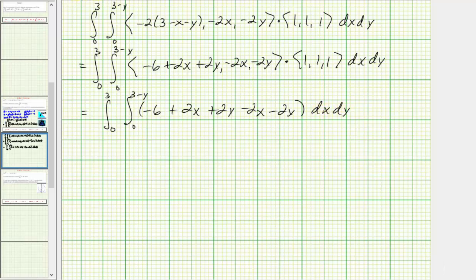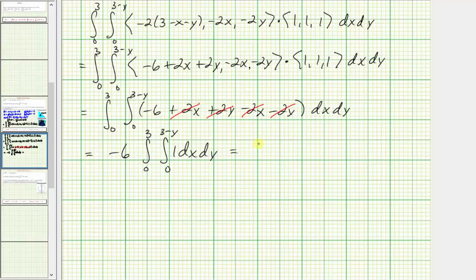And this simplifies nicely. 2x minus 2x is 0. 2y minus 2y is 0. So we can go ahead and factor out the negative 6. We have negative 6 times the double integral of 1 dx dy.